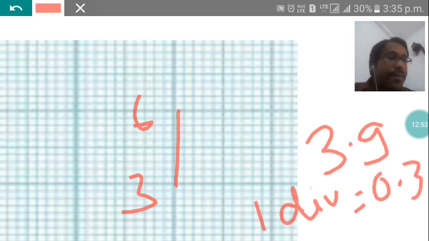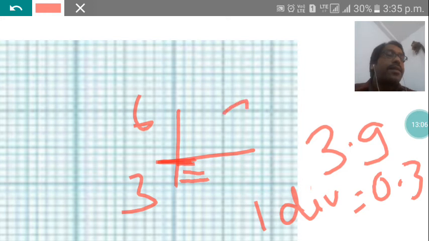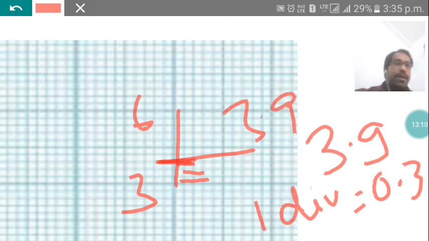Clear? That means I will count: the first division is 3.3, then 3.6, then 3.9. So this is my 3.9. Like this we do the graphing. I hope you have understood this.